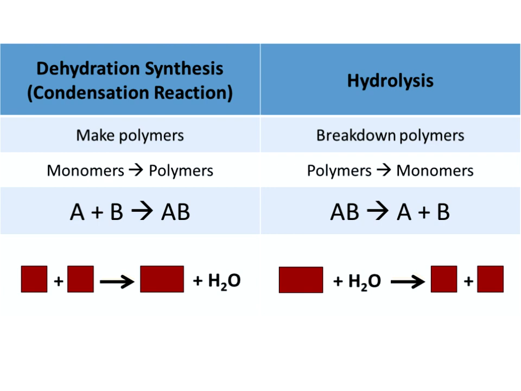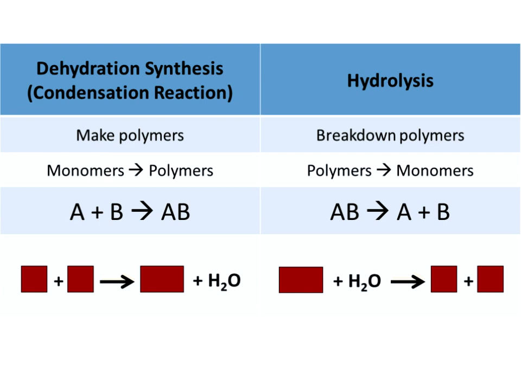The water molecule is going to be released in that process. So when the A and the B come together, water is released as they become that larger polymer, and that's why it's called dehydration synthesis. Synthesis means to come together. Dehydrate means to pull out, so the water is being pulled out, and that's where that name comes from.